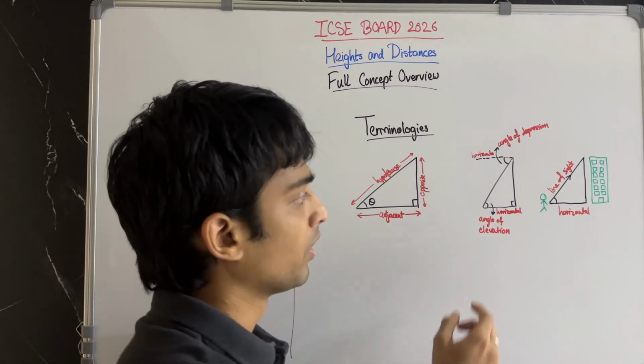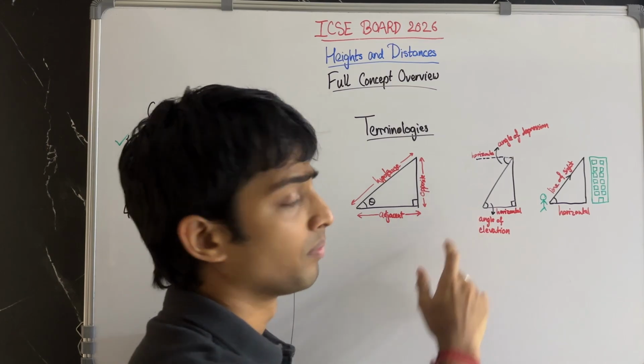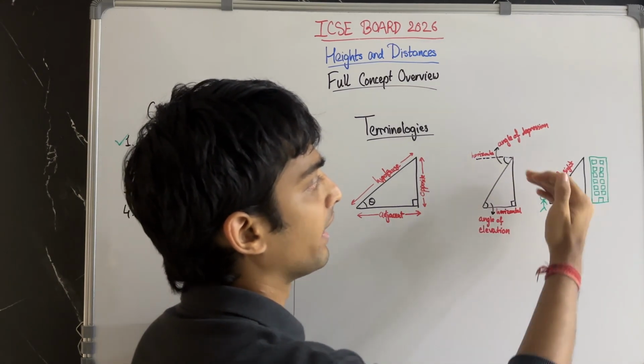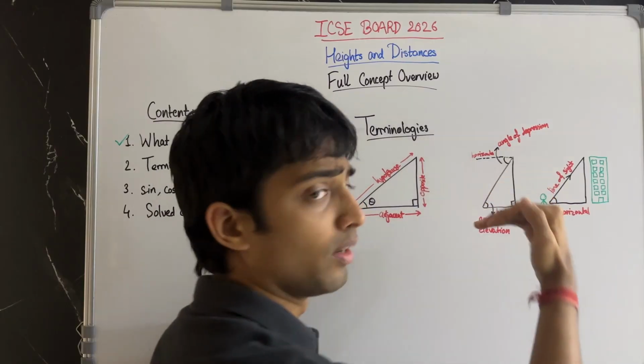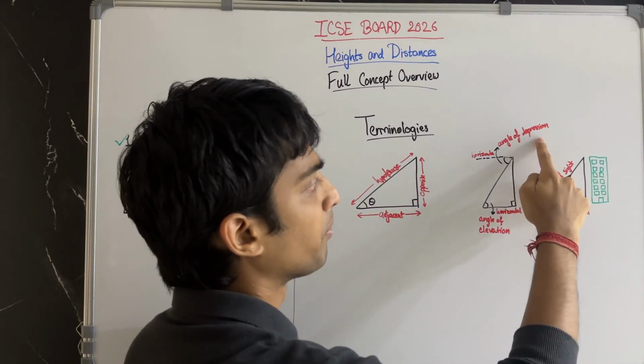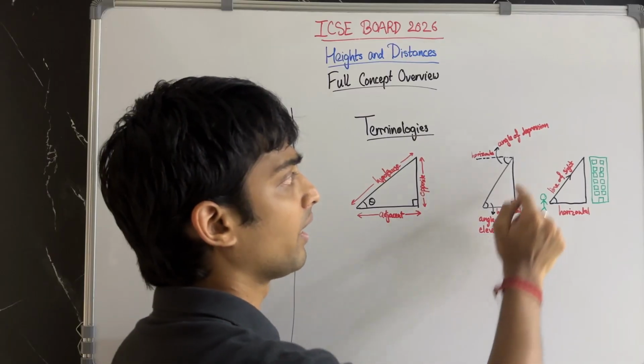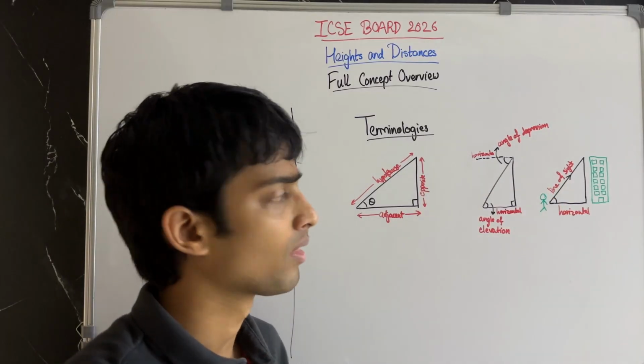So this is called angle of elevation. And if we copy the same horizontal over here, then the amount of angle which is lowered is called angle of depression. Now since these are alternate angles, angle of elevation and angle of depression are equal.